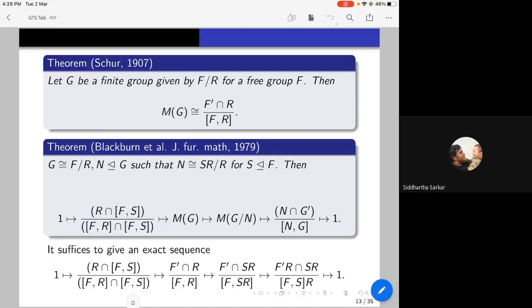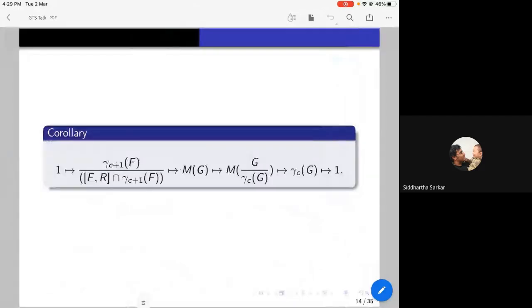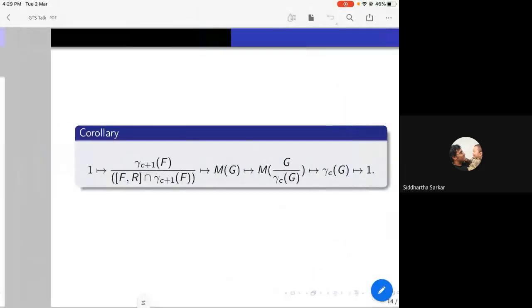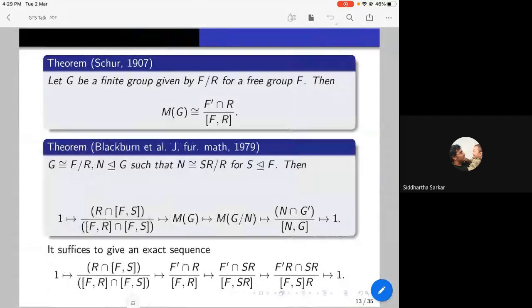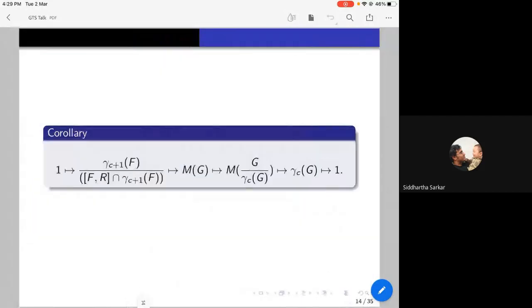Of course, if F/R is of nilpotency class c, then γ_{c+1}(F) is in R. So that gives us γ_{c+1}(F) here. Again, [F,S] is again γ_{c+1}(F), so that gives us γ_{c+1}(F)/(γ_{c+1}(F) ∩ [F,R]) to M(G), to M(G/γ_c(G)), to γ_c(G), to 1. So it's just N replaced by γ_c(G).